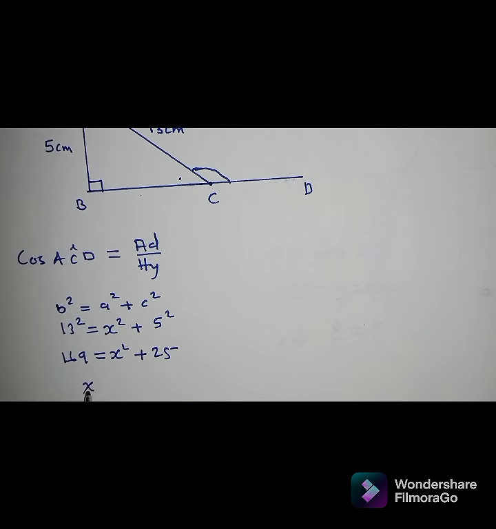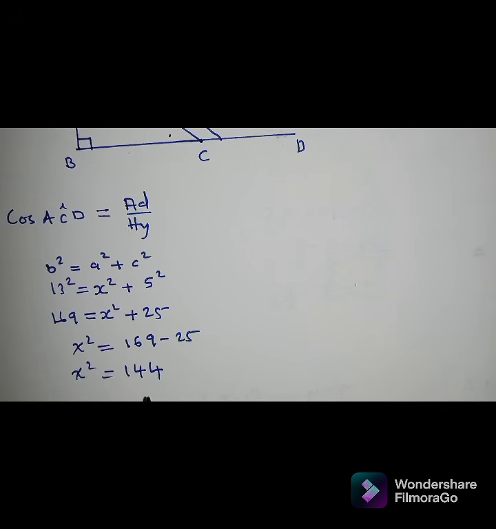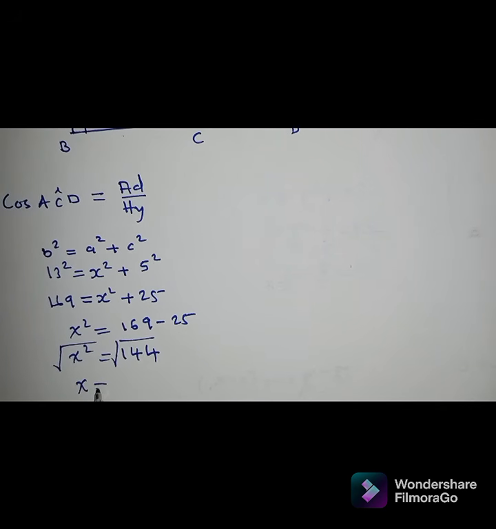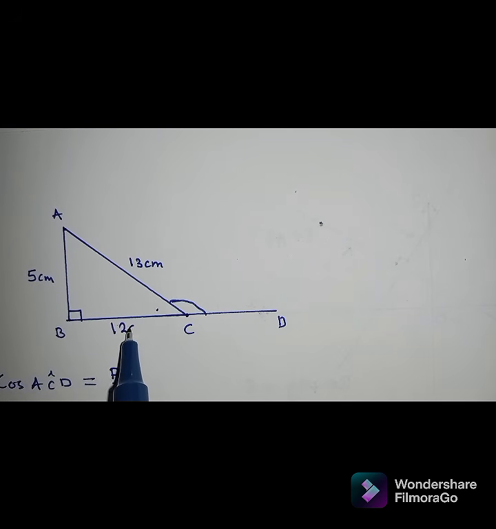We can group the like terms, and at this point we have 144. So the value of x, we square root both sides, so we have 12 centimeters. Our adjacent here will be 12 centimeters.